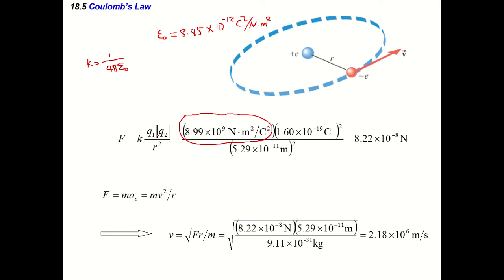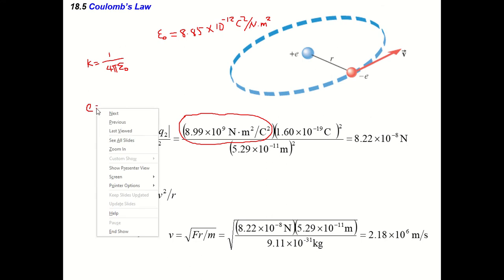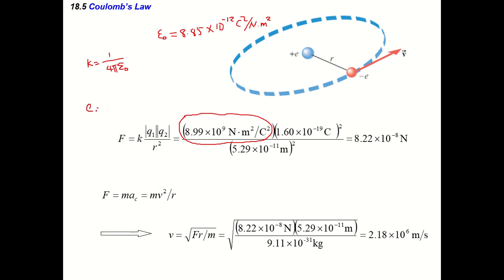The product of the two charges is the value of e squared, as shown in the initial slides, class. Then divided by the distance between them, squared, and we get 8.22 times 10 to the minus 8.